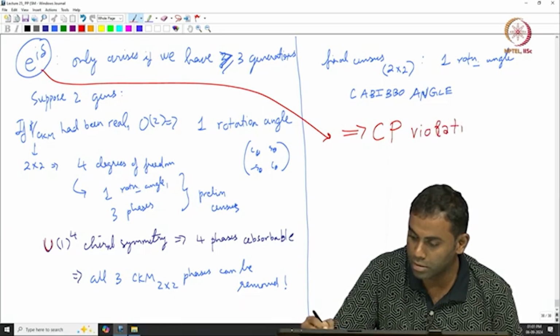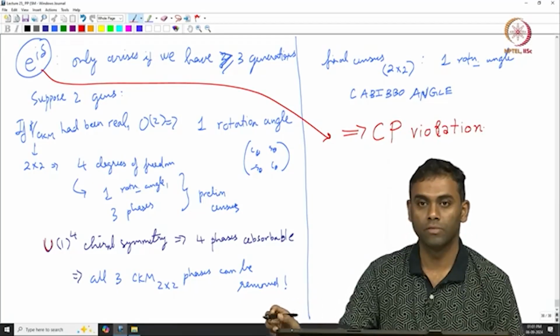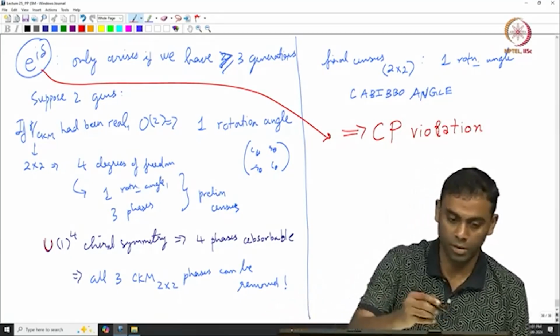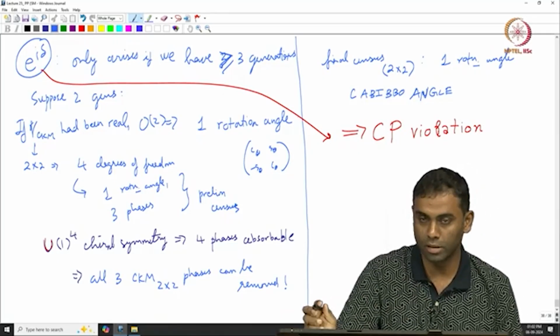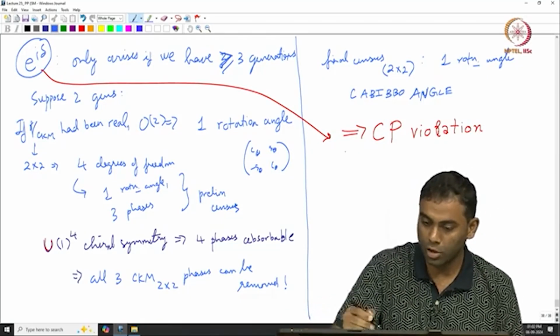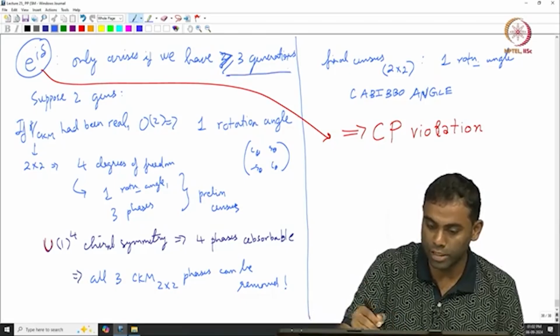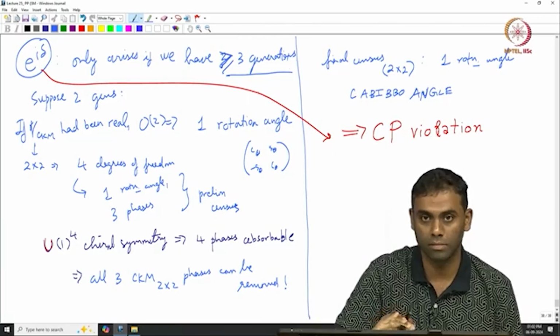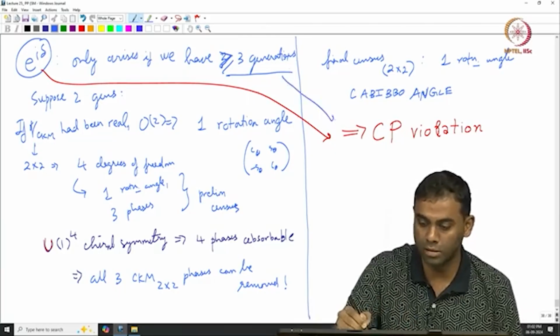Remember this from all those lectures ago? I had claimed, in one of those early lectures, that as long as I have greater than or equal to 3 generations, I will have CP violation in the weak sector, right.